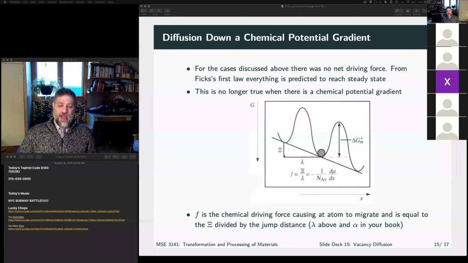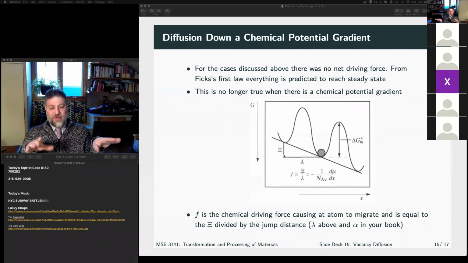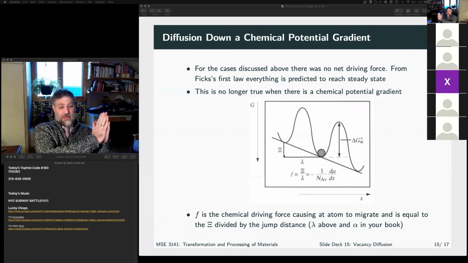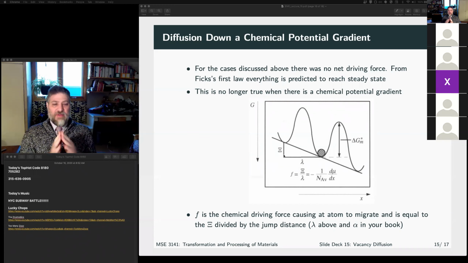So if we had an initial concentration gradient and all of the jumps are equal probability, just from the fact that we had more atoms on plane 1 than plane 2, we had a net migration in that way. And eventually everything would become homogeneous. The jumps wouldn't stop, but on average we would have the same number of jumps from 1 to 2 as from 2 to 1, right? So everything reaches a steady state.